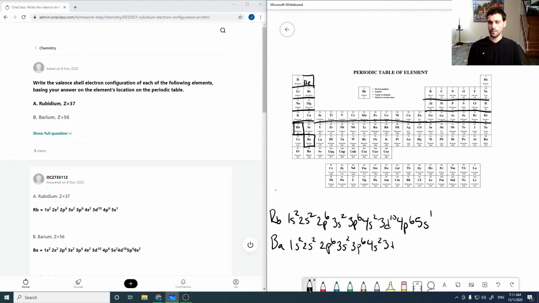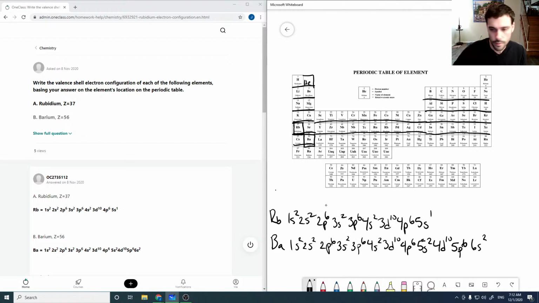S2, 3d10, 4p6, and then we've got 5s2 all the way across, 4d10, 5p6, and then 6s2.